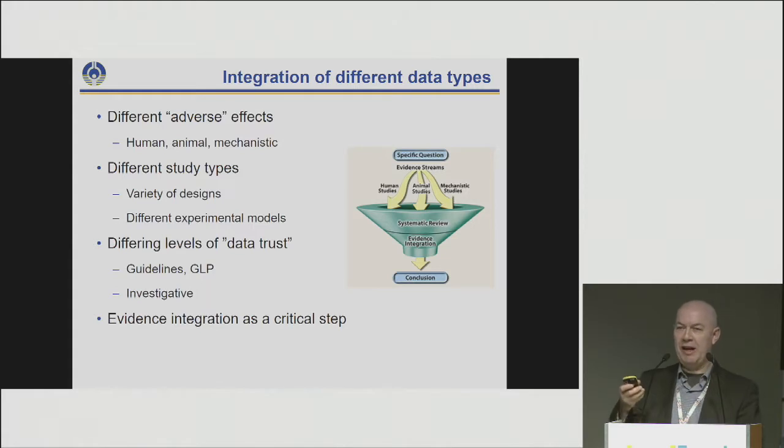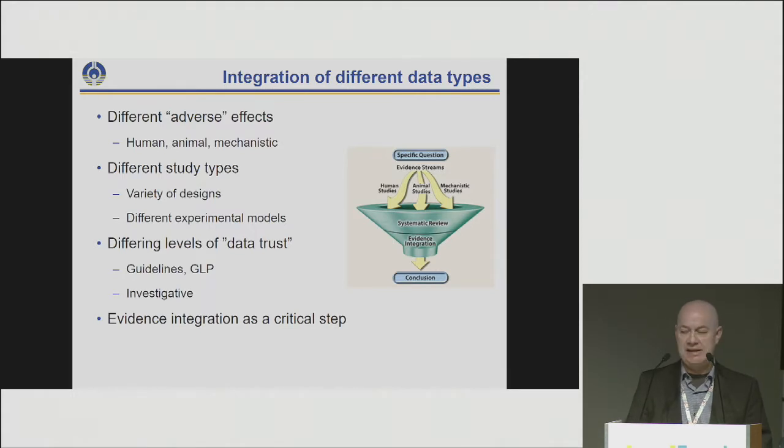And to address, I think the last person's question was about integration of research. This is actually the most critical step in any of these situations because, first of all, different types of research programs produce different types of adverse effects, all the way from molecular to apical responses.